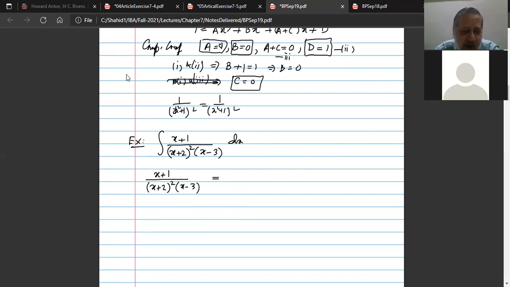Case 1 said that whenever you have a linear factor, you have to write down a term of this type, A upon x minus 3. Whereas for a repeated linear factor it was said that you have to write down this as well as this.